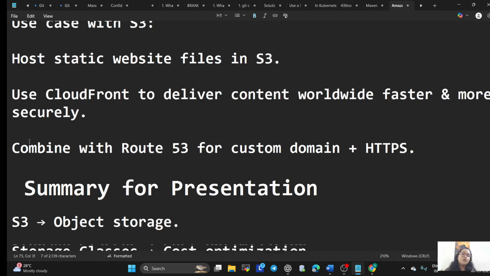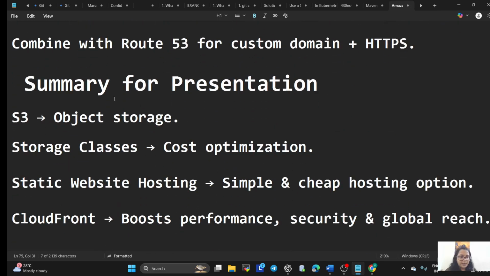Now see the summary: S3 storage objects we discussed, storage classes for cost optimization we discussed, static website hosting as a simple and cheap hosting option we discussed, and CloudFront boosts performance, security and global reach.